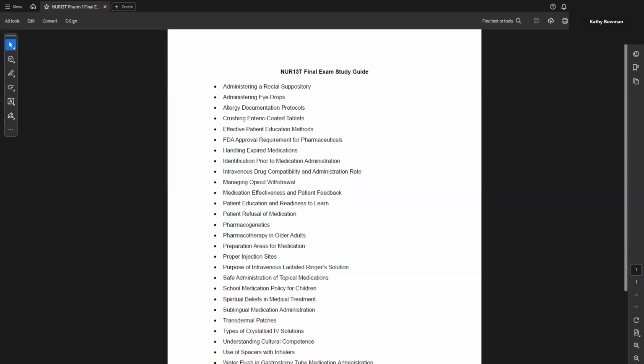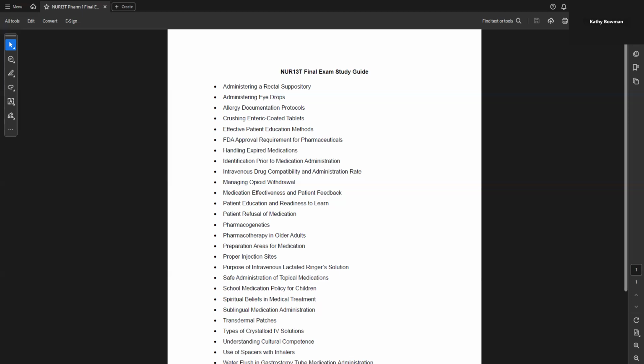All right, the next one is FDA approval requirement for pharmaceuticals. Do all pharmaceutical drugs need to be FDA approved? That's a yes, right?